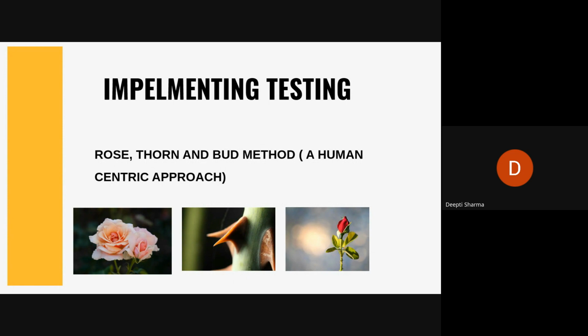The most important concept is the rose, thorn, and bud method. That is a human centric approach. So here you can see we have started from the very first phase, that is empathy, which is also a human centric approach. And in the last phase also, during the testing, we are implementing the human centric approach.